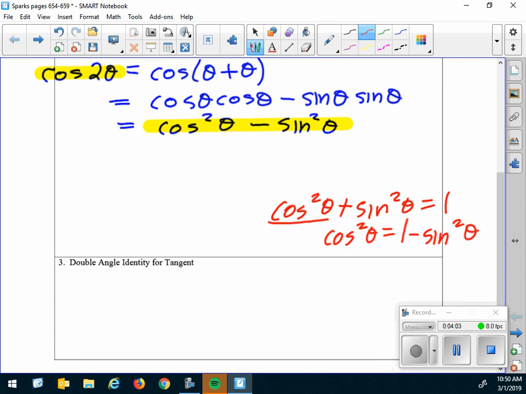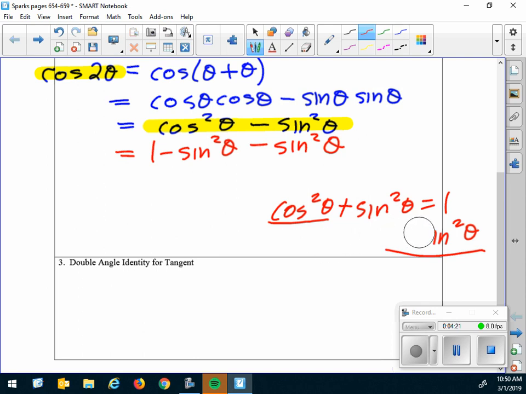So in place of cosine squared theta, I'm going to substitute 1 minus sine squared theta, and then the rest of the previous formula. So what's that? Well, that's 1 minus 2 sine squared theta. So that's another way that you can write a formula for cosine of 2 theta.